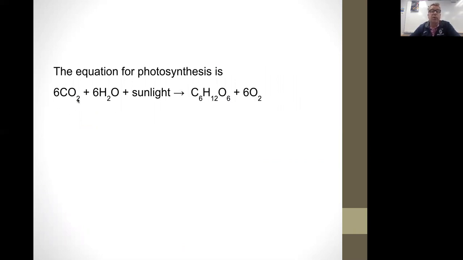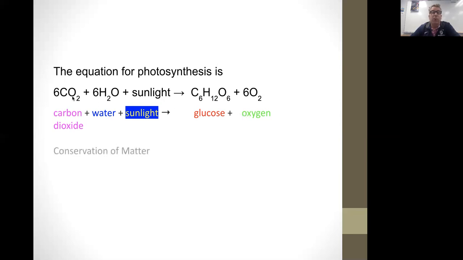So they take the carbon dioxide from the atmosphere, the water, usually from the soil, up through the roots, sunlight, and then they convert that into glucose and oxygen. All right, so carbon dioxide from the atmosphere, water from the roots, sunlight from the sun, obviously, and then it yields, right? Turns into glucose and oxygen.